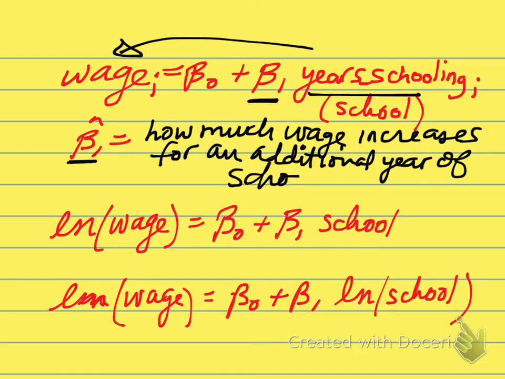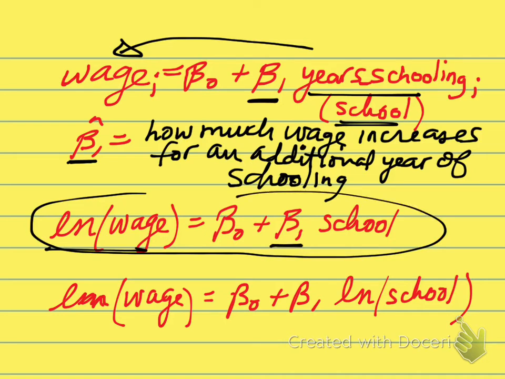And I'll just write school from now on, an additional year of schooling. Now, we've seen the log specification of that, where we have our outcome variable as the log of wages, and we estimate this equation. How do we interpret the beta 1 that happens then?